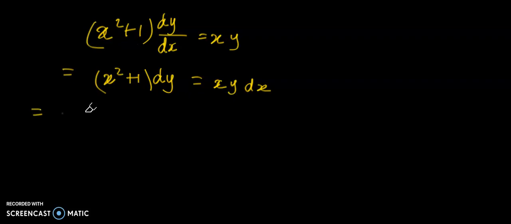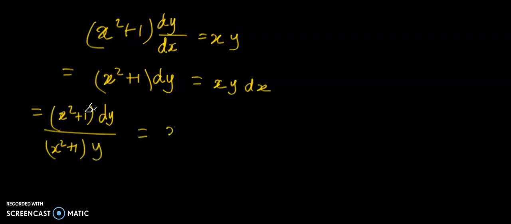So let us go ahead and do that. So we simply have (x squared plus 1) dy. Divide this by x squared plus 1. Then also divide this by y. And this equals xy dx. Divide this also by x squared plus 1 and divide this side by y.